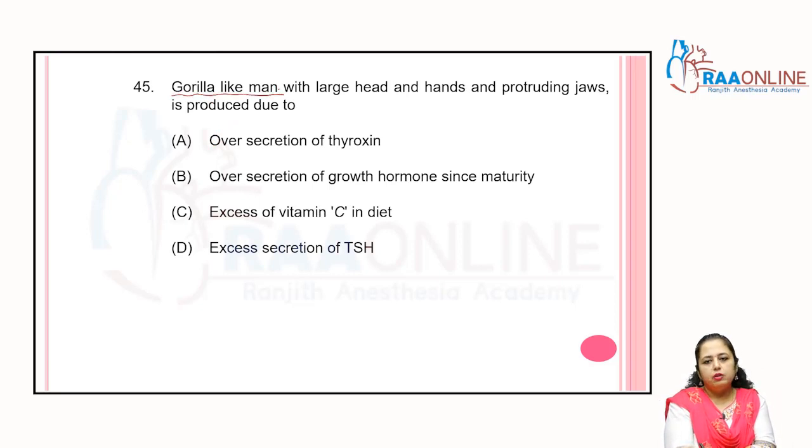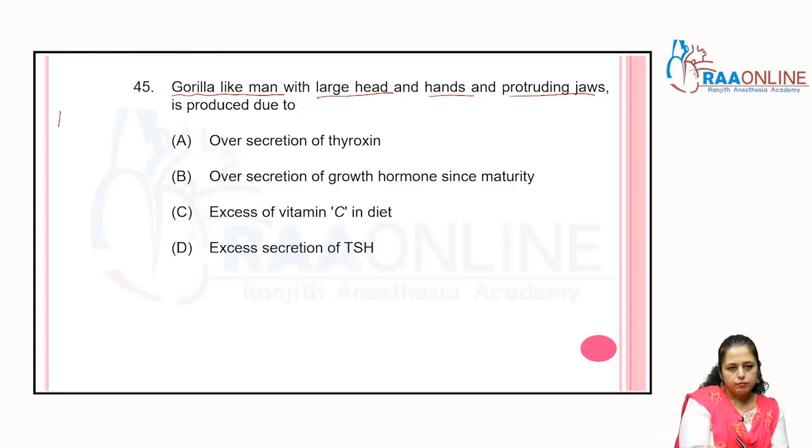Gorilla-like man with large head and hands and protruding jaws is produced due to... actually it is talking about acromegaly, right?